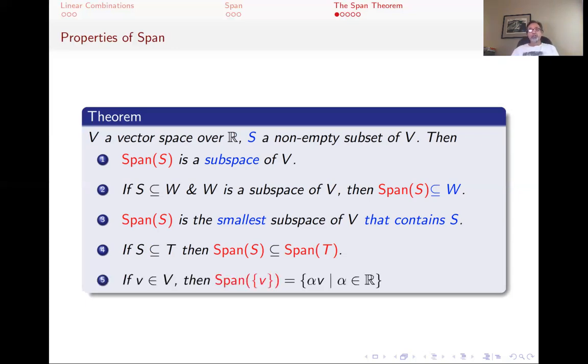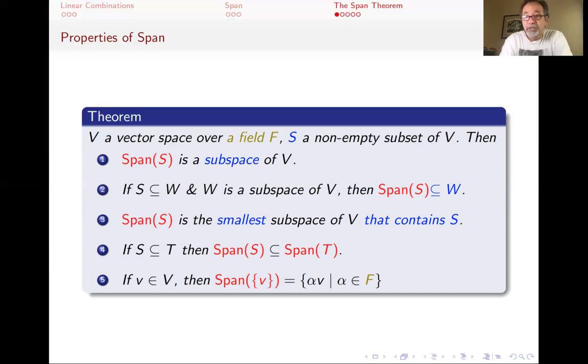And the fifth one is just specializing the span to one element. What if your S just has one element v? Then the span of S is just the scalar multiples of that. That's just the definition, really nothing to it. But let's see some of the arguments. Before I do that, I stated this over R, where the scalars are R, but this is really true for any field, as is almost every theorem that we prove in this class.